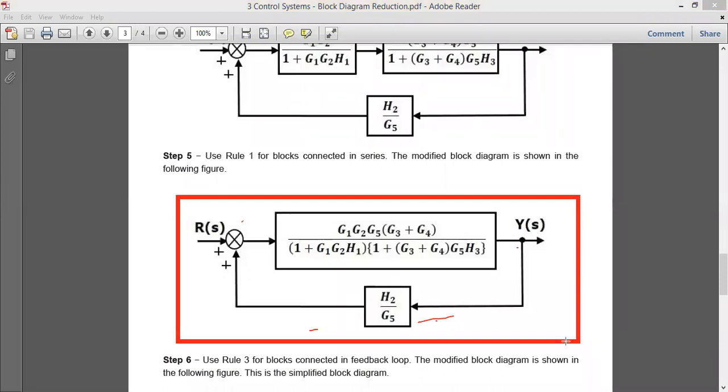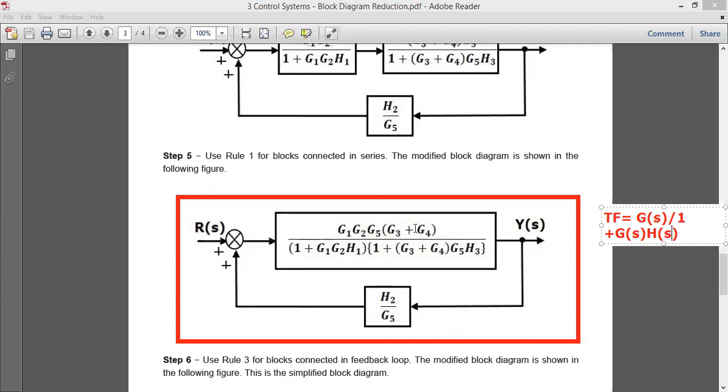So always remember for the feedback, we have a transfer function represented by TF is equal to G of S divided by 1 plus G of S multiplied by the H block, so it is H of S. So therefore what we need to do is we need to combine these together.